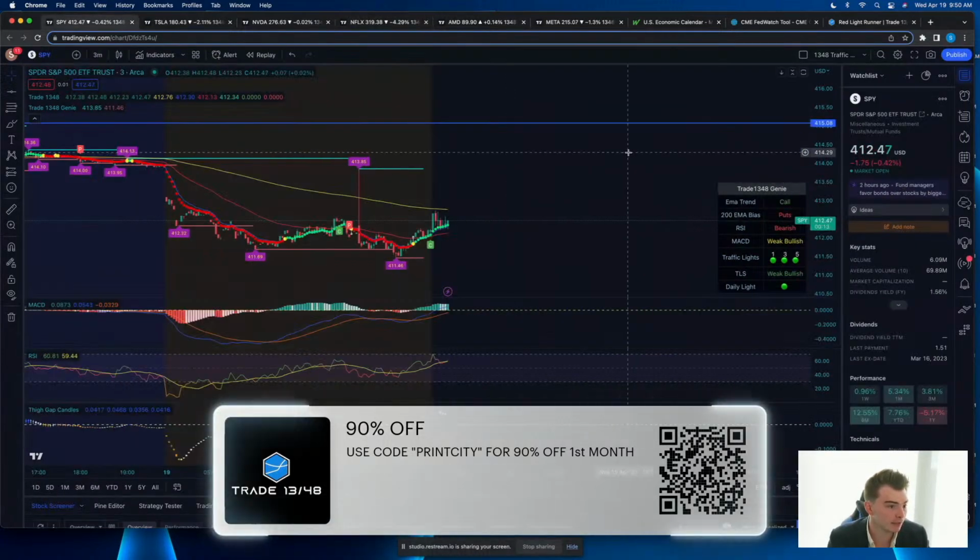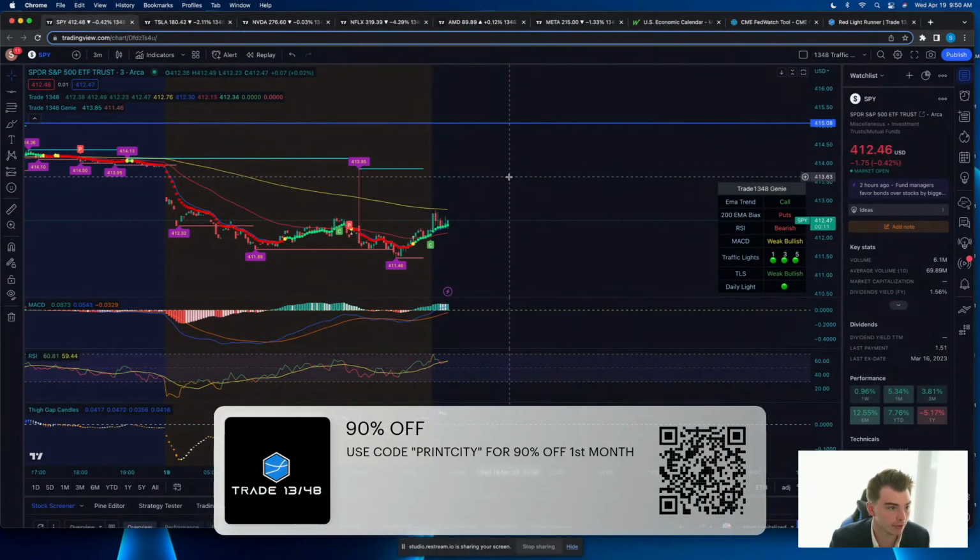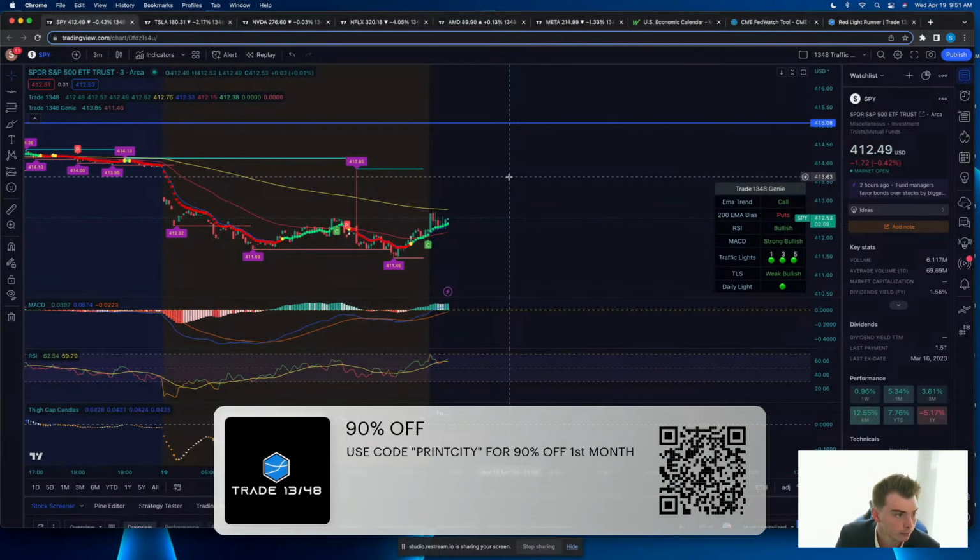If Spy can break 412.50 and start moving up through this 200, that could get interesting.